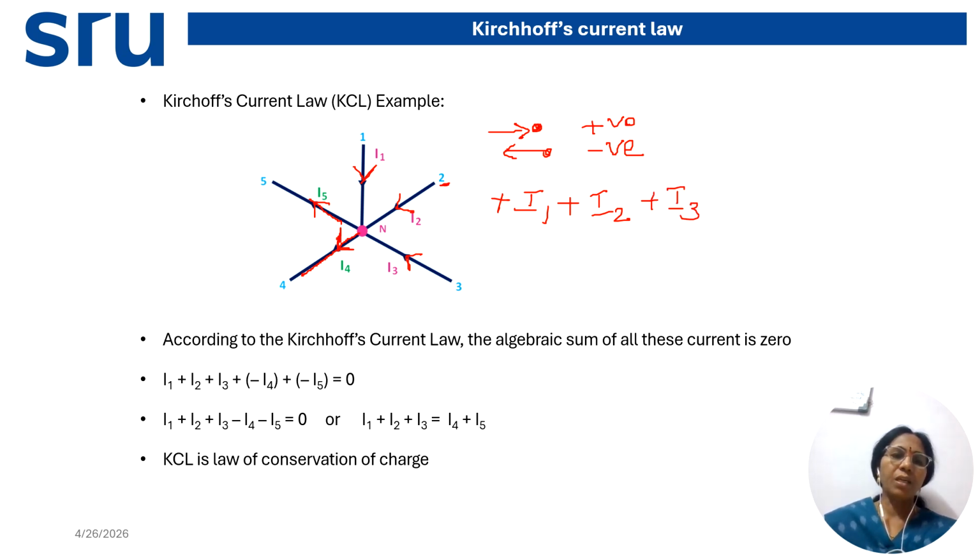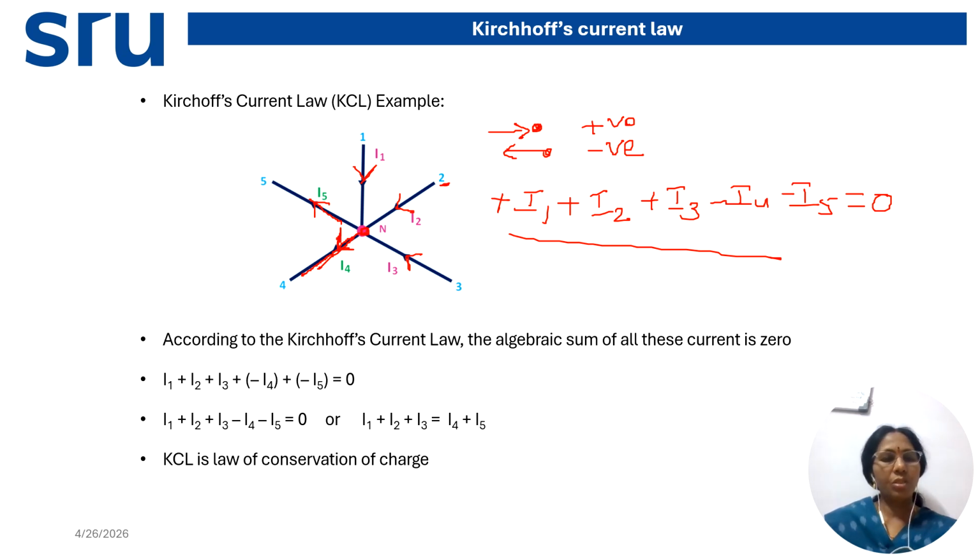But I4 and I5 are leaving the node, that is why minus I4 minus I5 equals 0. So this is how you have to apply KCL at a node.